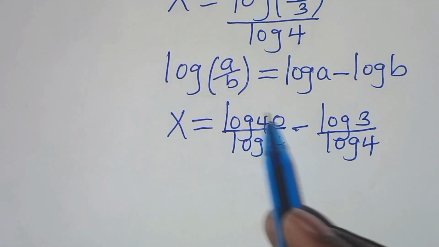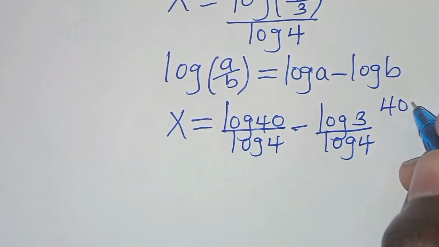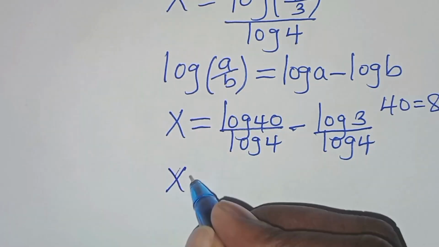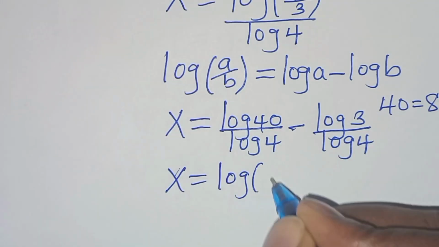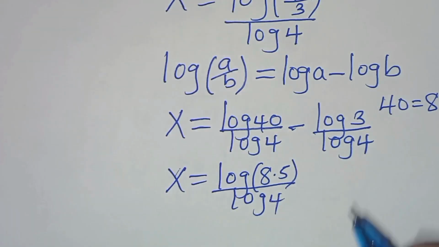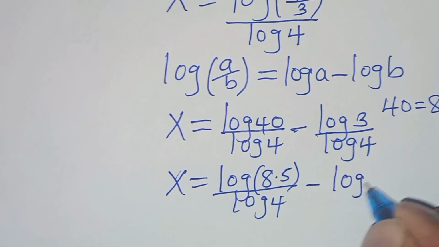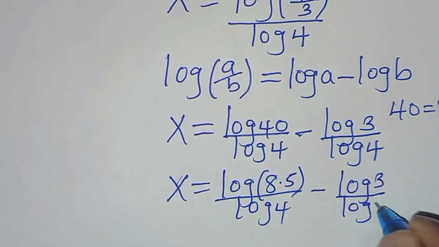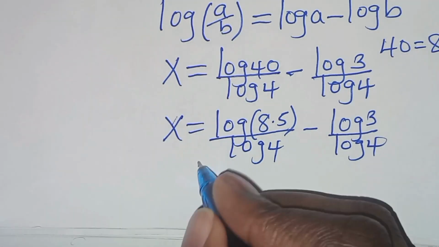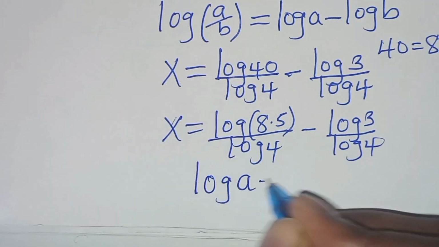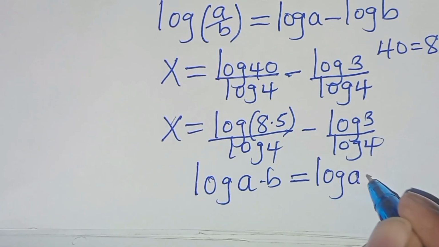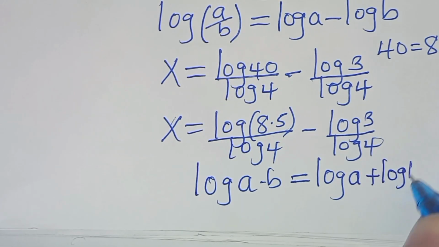So this implies that we can express 40 as 8 times 5. So let's substitute this. So here we have x is equal to log 8 times 5 divided by log 4 subtract log 3 divided by log 4. Now the next step is that log 8 times 5, this is in the form of log a times b, which we can express as log a plus log b.